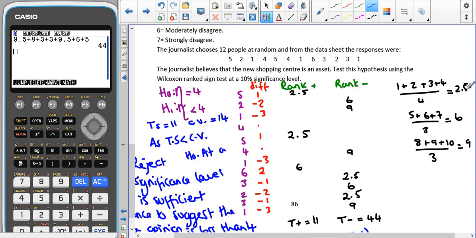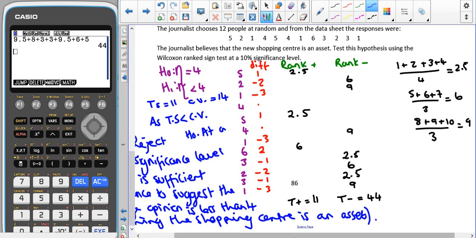Divided by the 4 different numbers means that they each get the rank of 2.5. Then for the 2s, we have a -2 here, we have a 2 here, and we have another -2 here. So they get the rank of 4's already gone. So 5, 6 and 7 divided by 3, because there's 3 of those, which means that they each get the rank 6. And again with 3, they get the ranks 8, 9 and 10. Divided by 3 means that they all get the rank 9. And you can see those here.